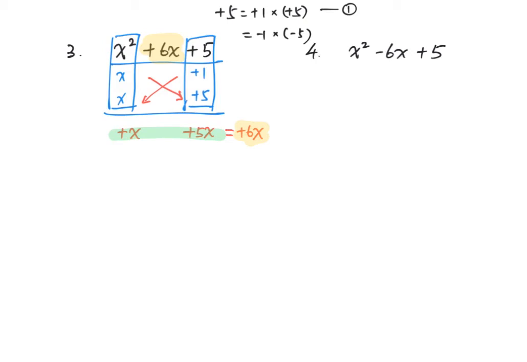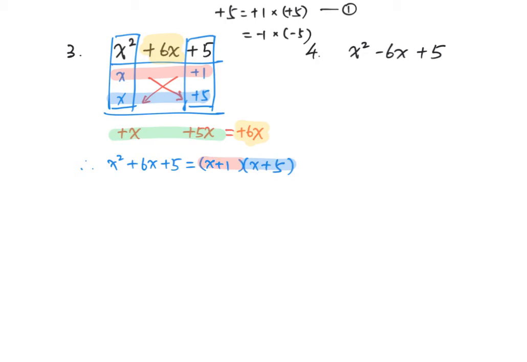Therefore, x squared plus 6x plus 5 equals two brackets times each other. The first bracket is x plus 1, and the second bracket is x plus 5. Just write it down: x plus 1 here, and the second bracket, x plus 5.